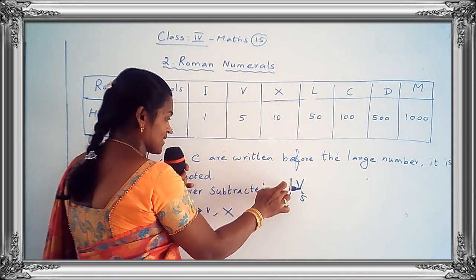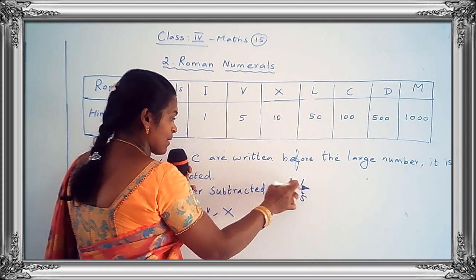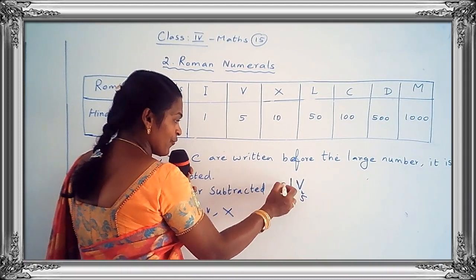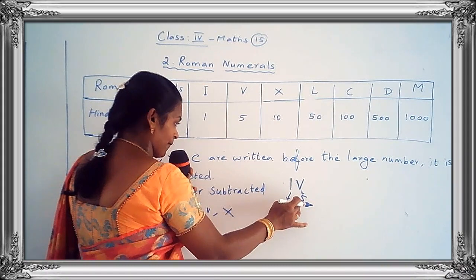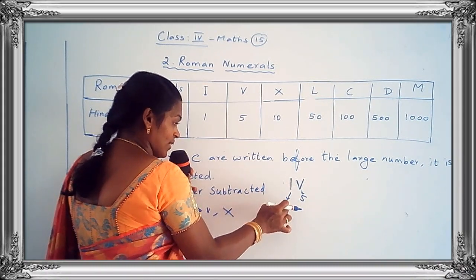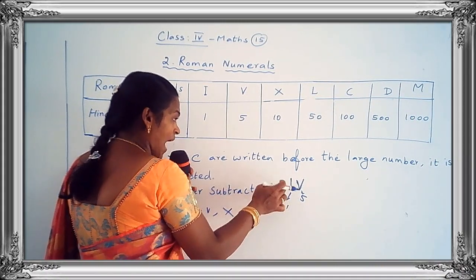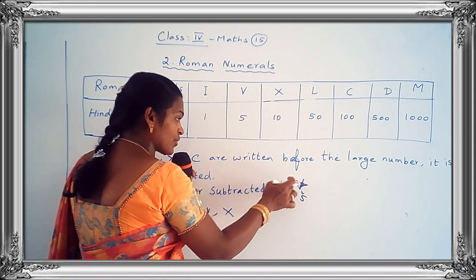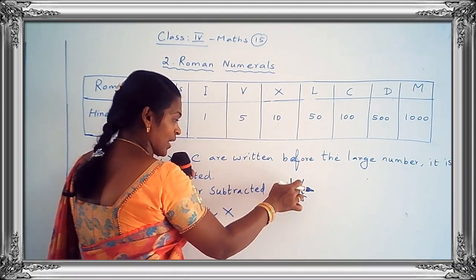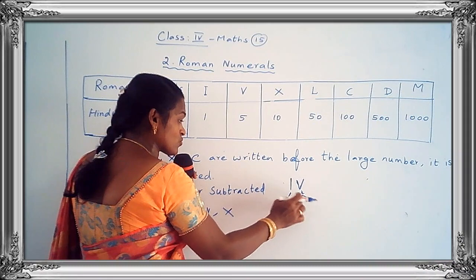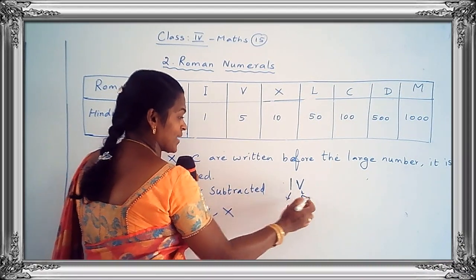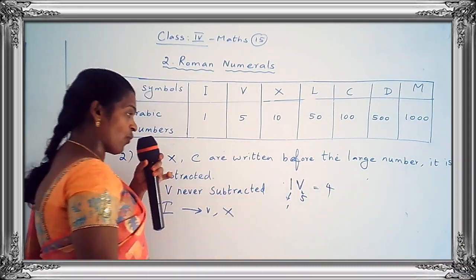Here I is written before the large number. Yes or no? Before the large number. Large number is 5. I stands for 1. This is a smaller number. So I is written before the large number V. Okay. So that's why it is to be subtracted. So 5 minus 1 is equal to your answer is 4.